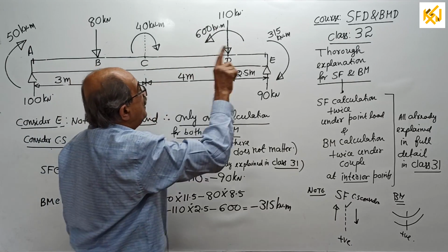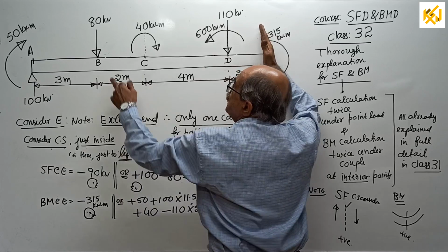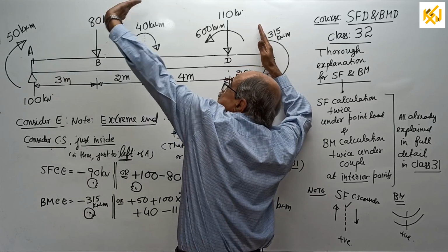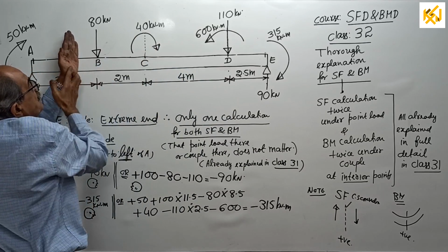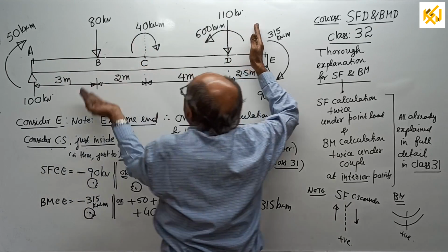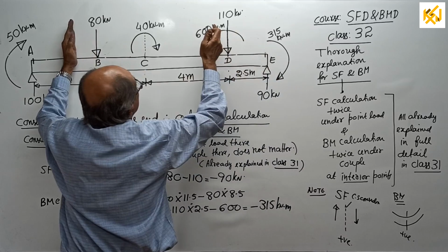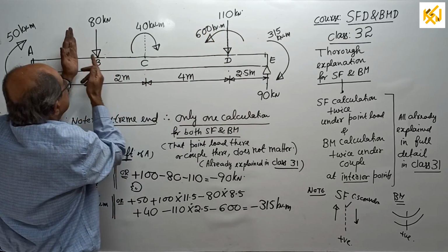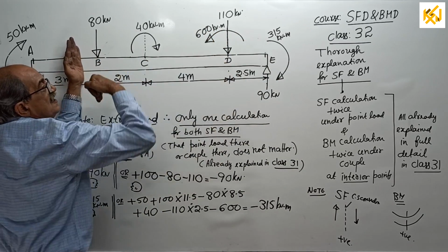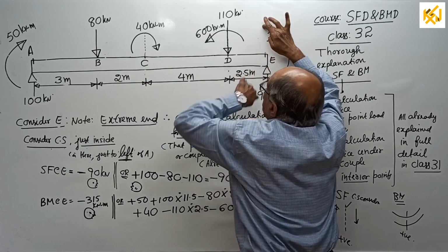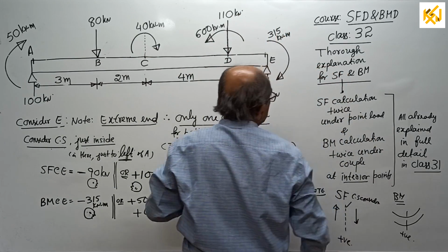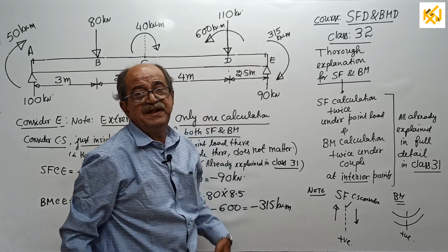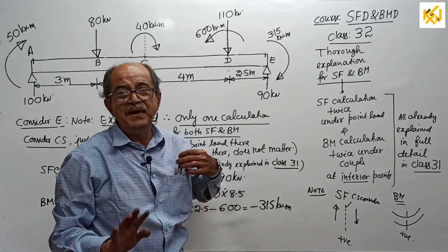Whereas when I find bending moment here, that was still plus only, but here, which was last time minus from this side, now it is plus. And this 600, which was plus for this side section, is now minus for this side section. That's why never use the word clockwise, anti-clockwise for bending moment. Okay, hope it is clear.